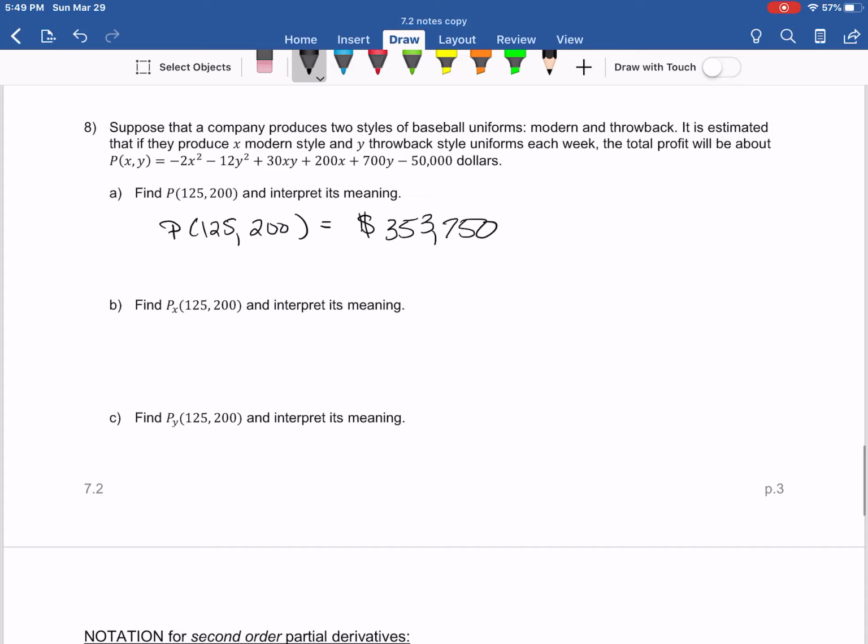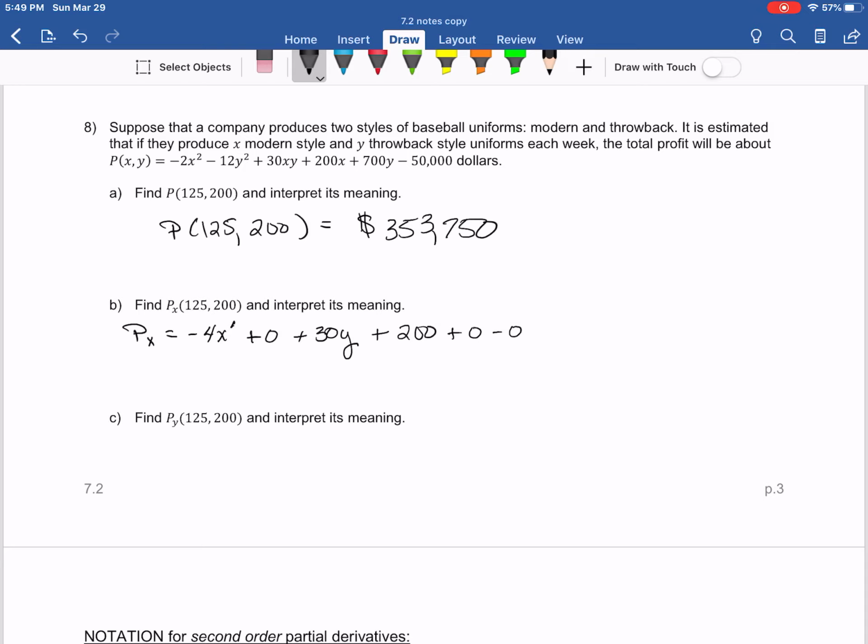Part B. Now you're going to look at derivatives. So find the derivative of P with respect to X, which means Y is your constant. X is your variable, Y is your constant. Okay, so something like this.